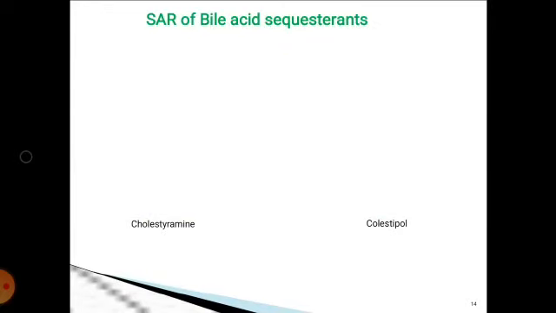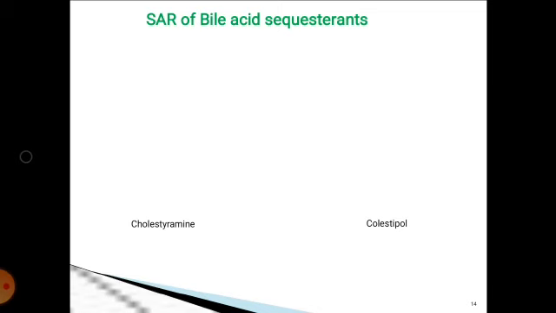Coming to the SAR of bile acid sequestrants. This SAR we will be studying with reference to the two main drugs belonging to this class, that is cholestyramine and cholestipol.